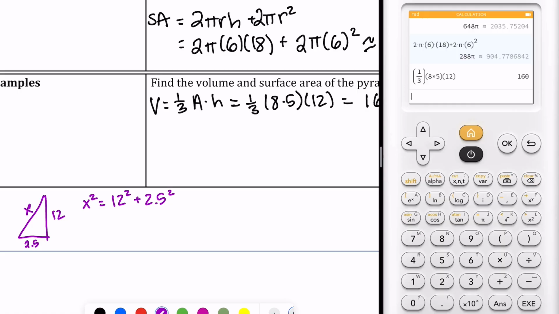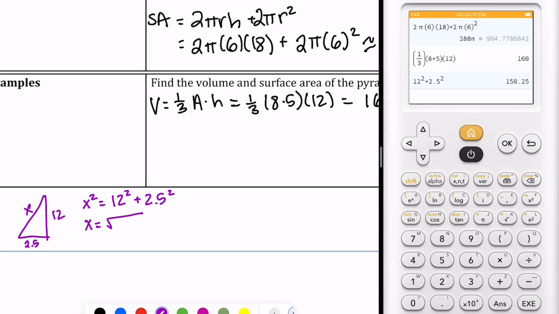So I'm going to keep this one in square root form. I'm going to call x square root of 150.25 using the exact value.